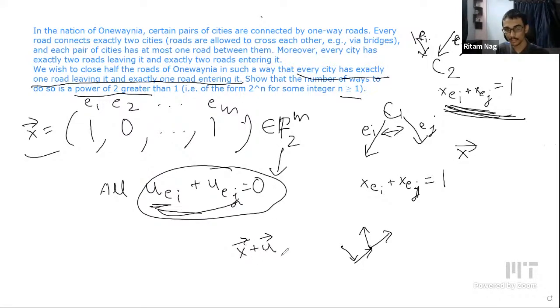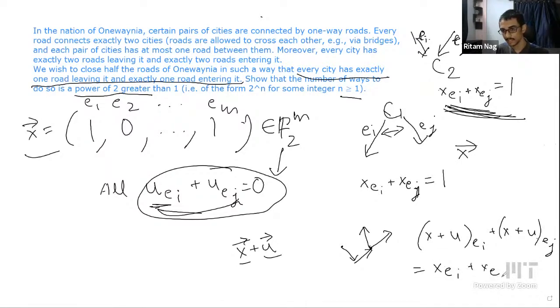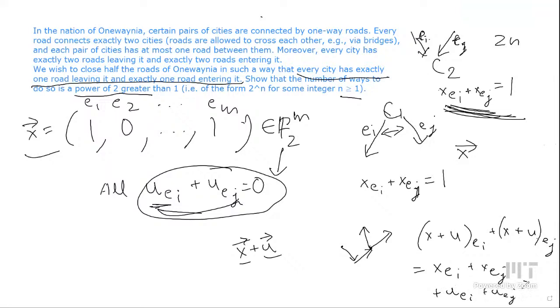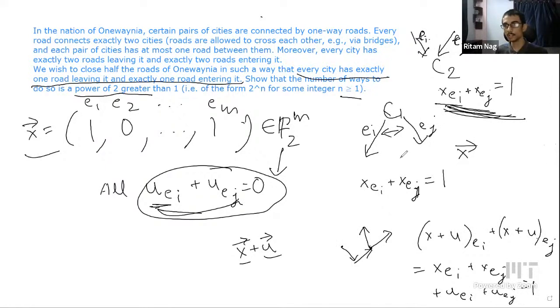Like if x is a solution and u is a solution, then x plus u is also a solution, because (x plus u)ei plus (x plus u)ej is simply xei plus xej plus uei plus uej, which is 1. So basically, once you have a specific solution, every other solution is guaranteed to be that particular solution plus a solution of this. So the converse also applies.